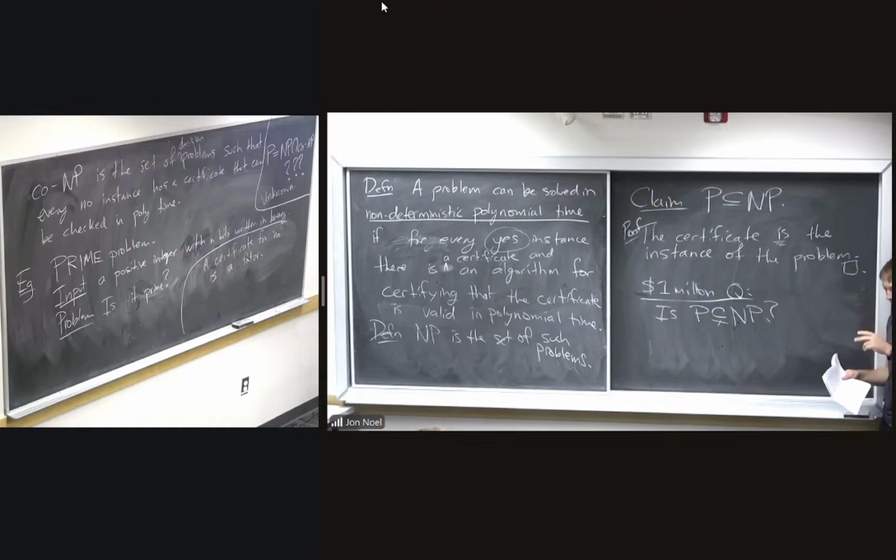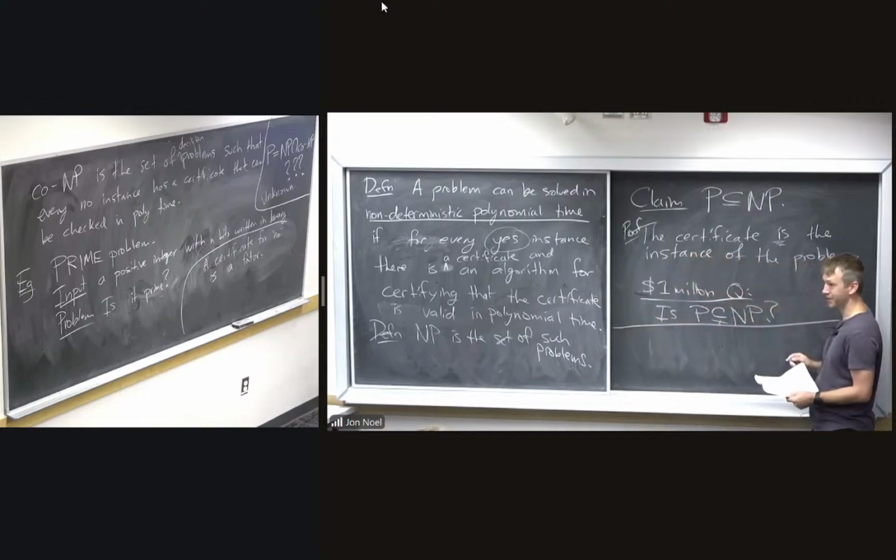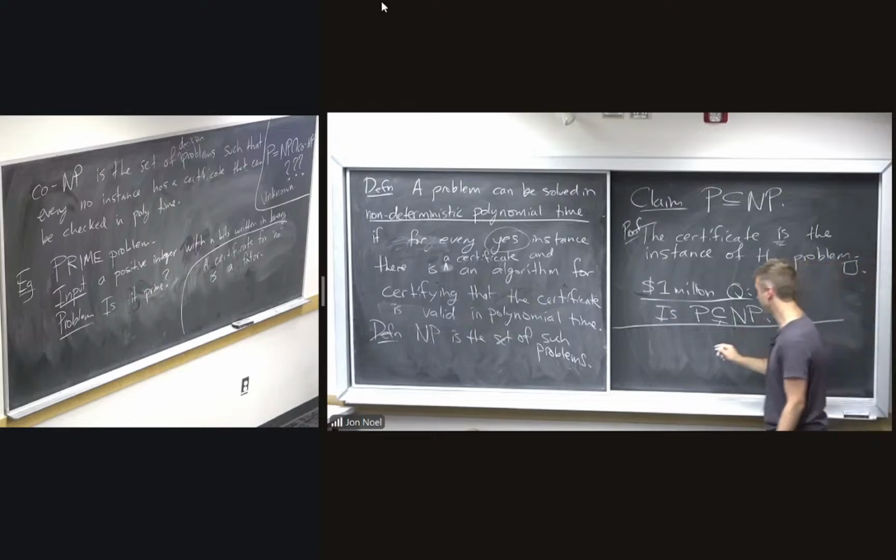Oh, sorry, maybe I was misunderstanding your question. Are these all of the possible problems? Oh, yes, sorry. There are things that are not in P, not in NP, not in co-NP. There are problems beyond this whole thing. So there are many classes of problems.